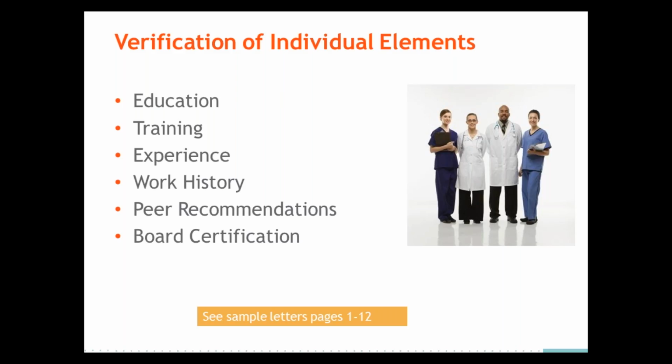You don't want somebody giving their wife, who's also a doctor, as a peer recommendation. You don't usually want family members. Some organizations will not allow partners to give peer recommendations. Some will say it has to be somebody who is currently on our medical staff. It just depends on how your medical staff bylaws and policies and procedures are worded, and what is going to be an appropriate peer recommendation at your facility.